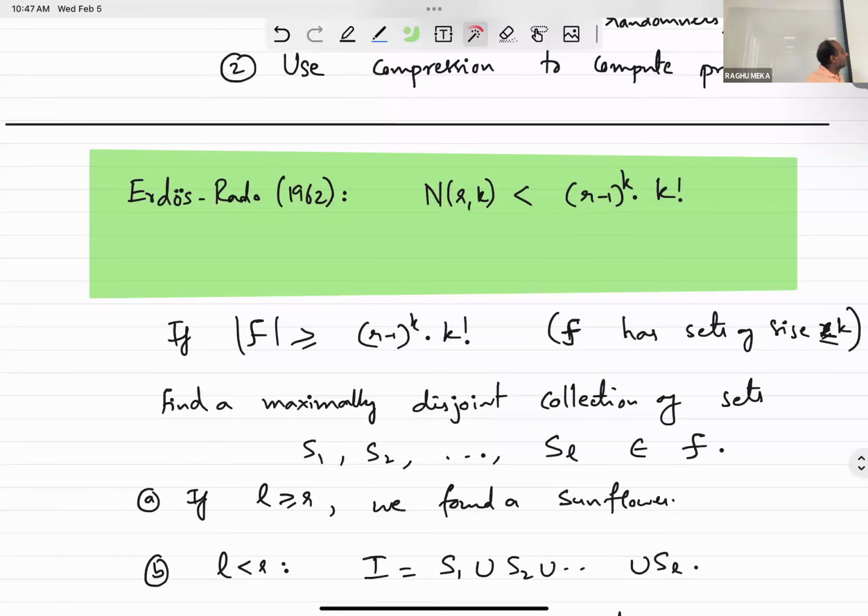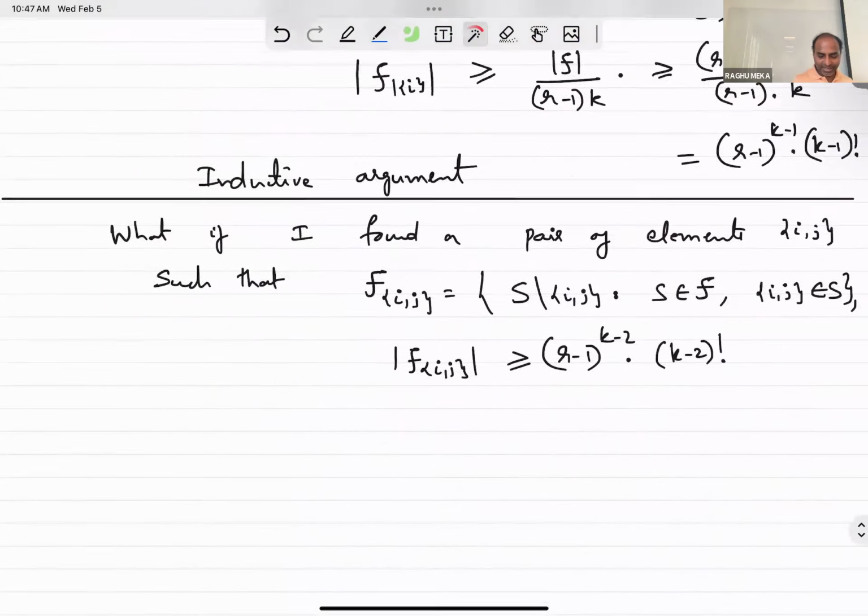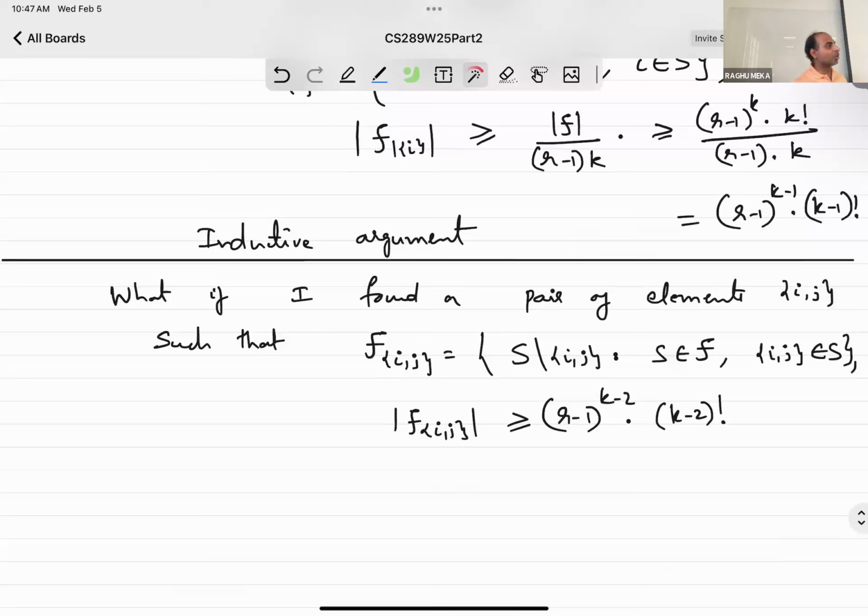Otherwise, if I'm looking for a family of sets of size at most k minus 1, it should be r minus 1 to the k minus 1 times k minus 1 factorial, and so on. Okay? So there's nothing really special about only trying to induct from k to k minus 1. I can induct from k to k minus 2, k minus 3, or maybe all the way. It doesn't matter, right? As long as I make some improvement, I can try and use induction.